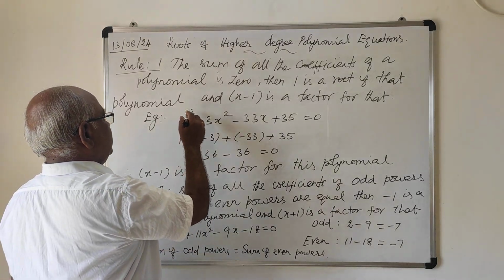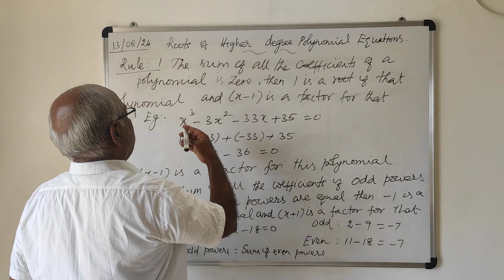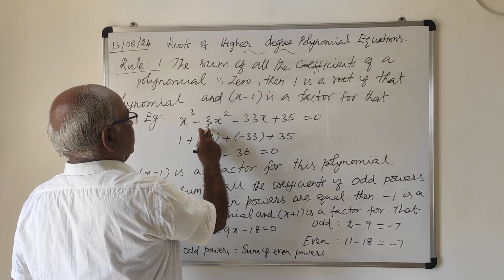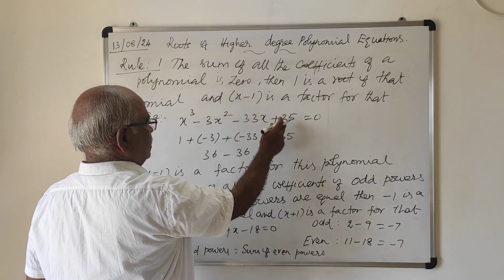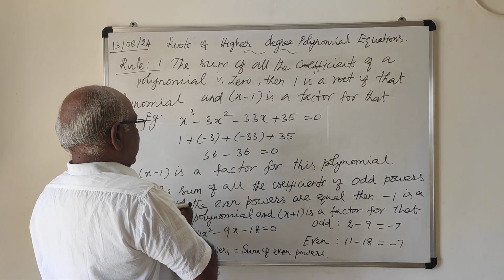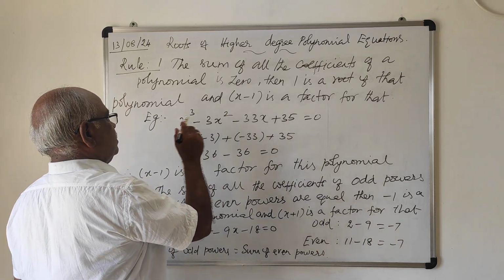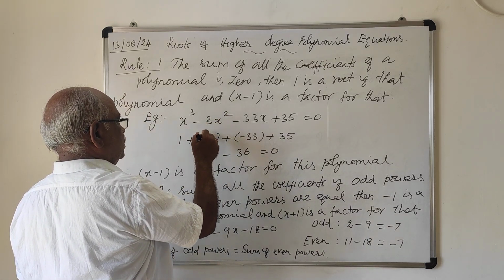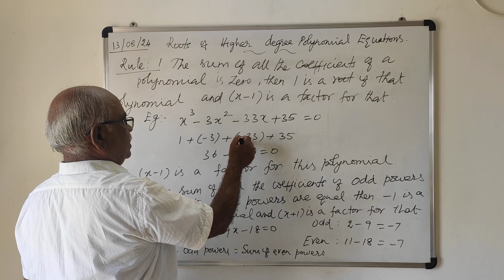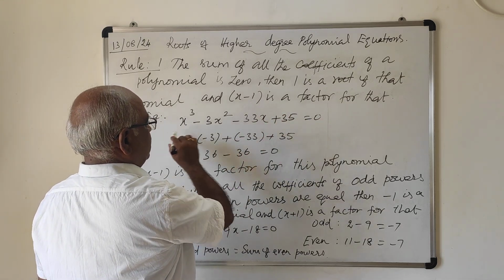Example: consider this cubic polynomial equation, x cube minus 3x square minus 33x plus 35 equal to 0. The coefficient of x cube is 1, of x square is minus 3, of x is minus 33, and the constant is 35.